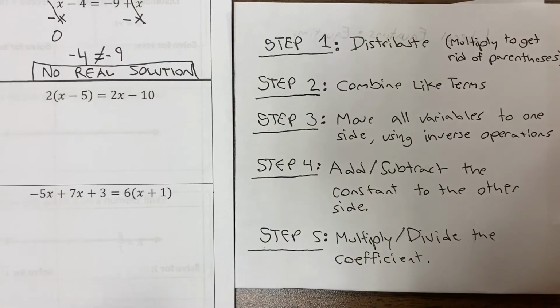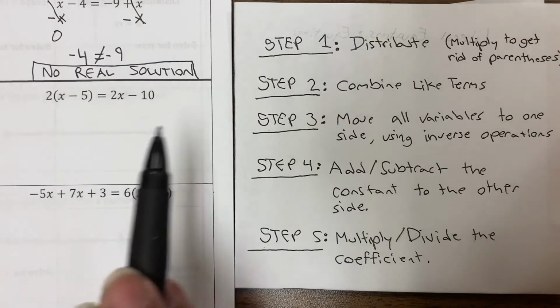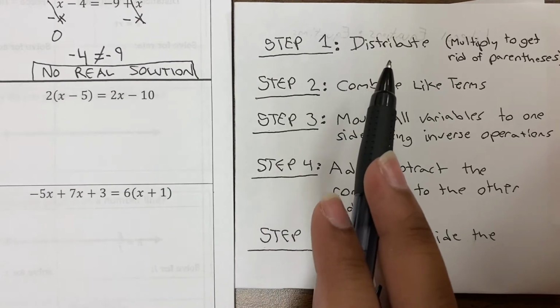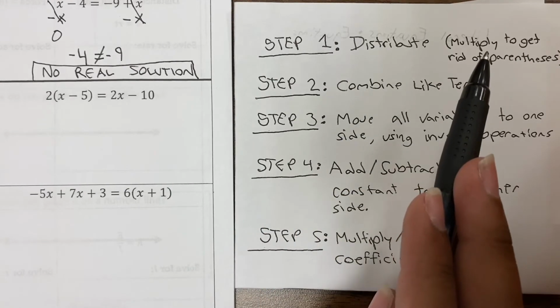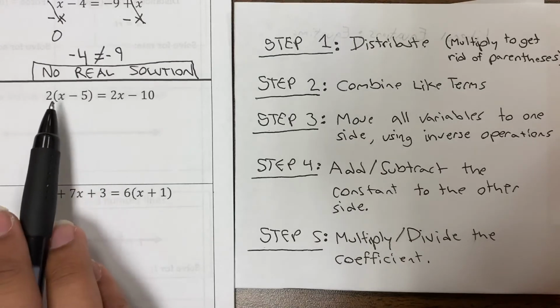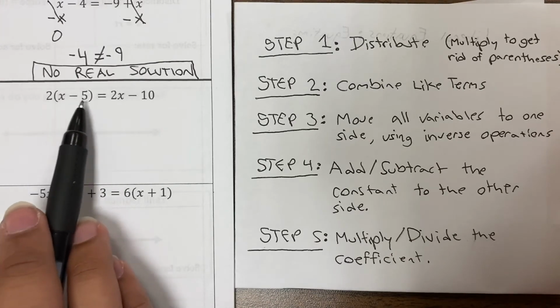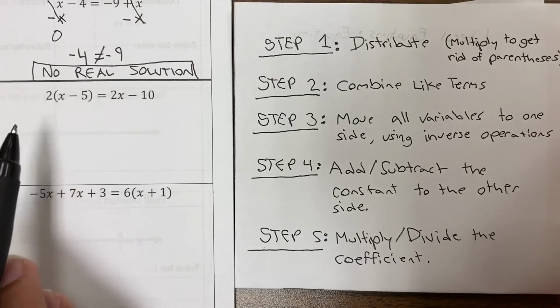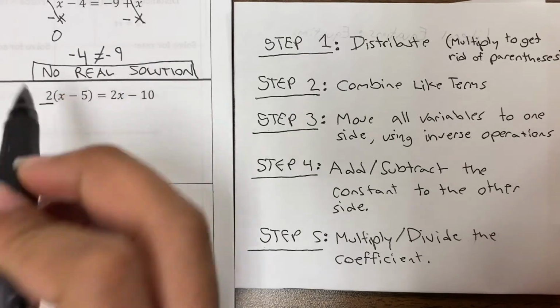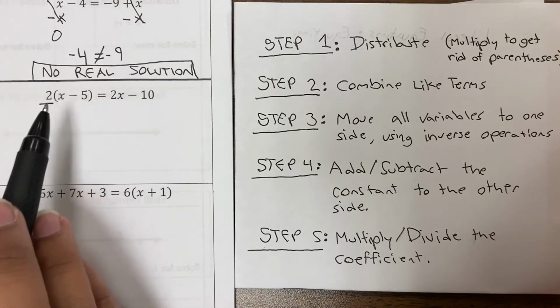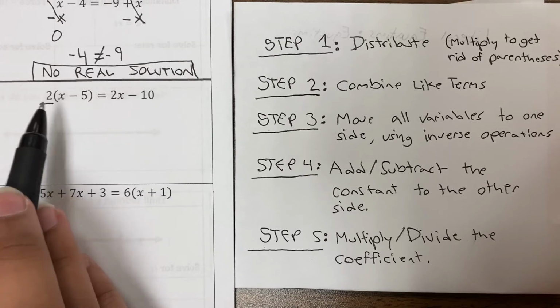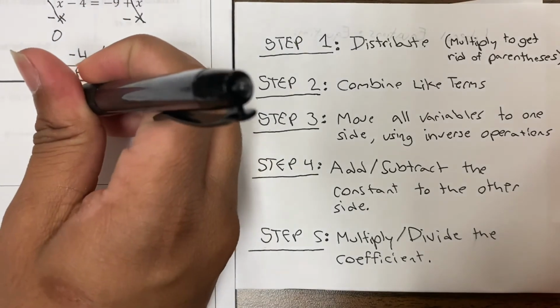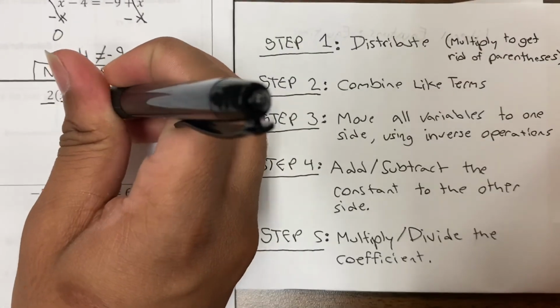Let's do this next problem. So our first step says to distribute, which means to multiply in order to get rid of the parentheses. So right now I have this set of parentheses right here, and I see that 2 is being multiplied by the parentheses. So I'm going to distribute 2 to both of these terms, so that's positive x and negative 5.